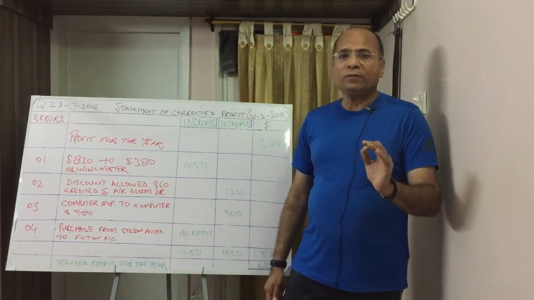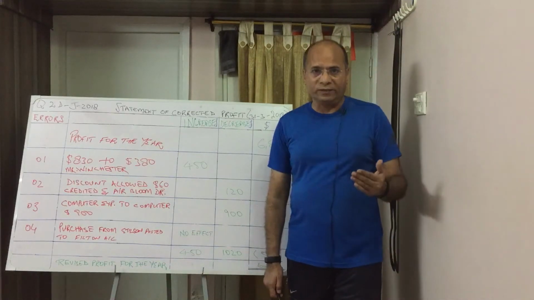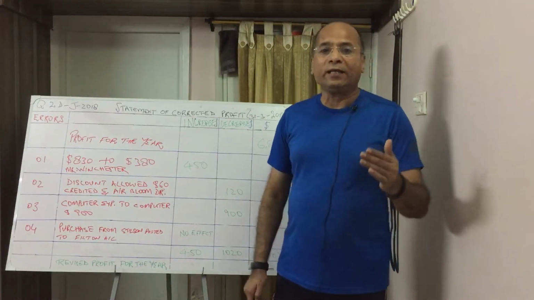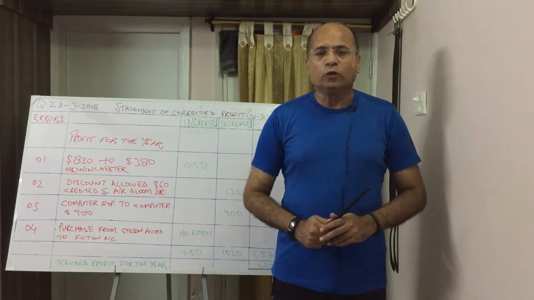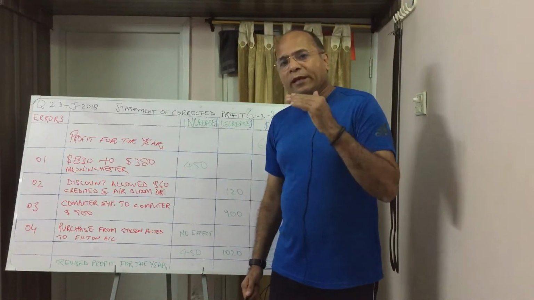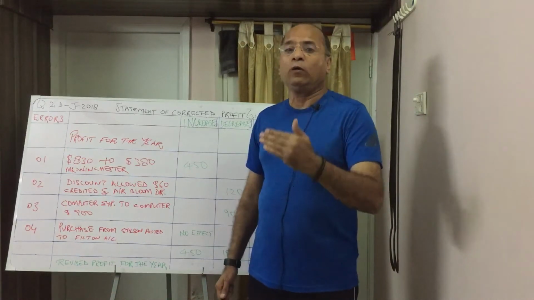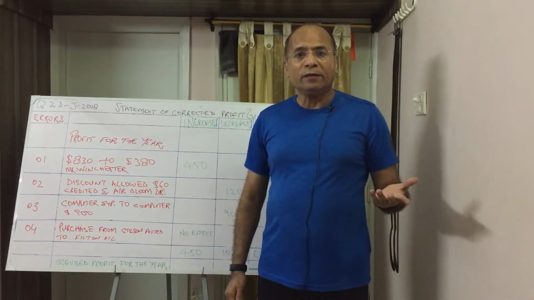In this question, there are 4 transactions and these are the errors not affecting the trial balance. In part A, we were supposed to find out the names of the error.